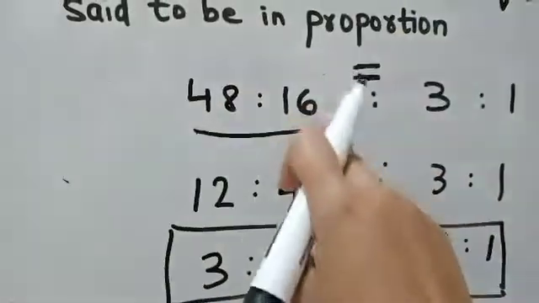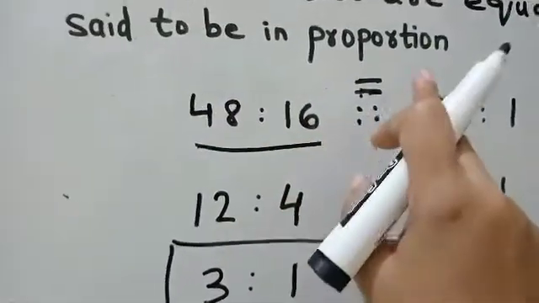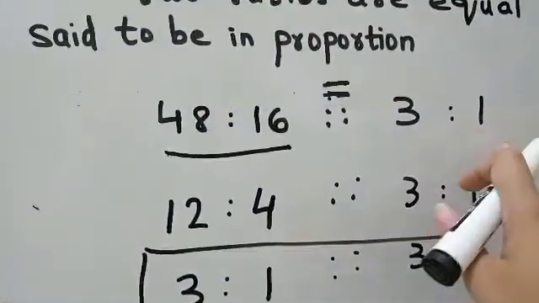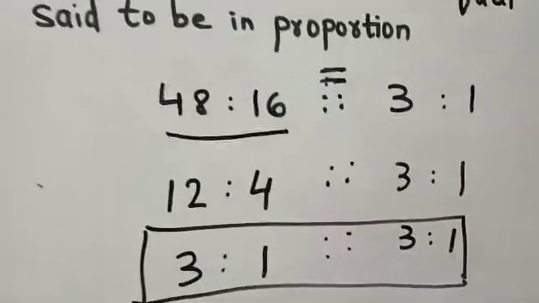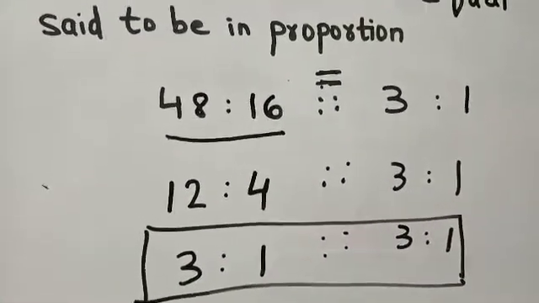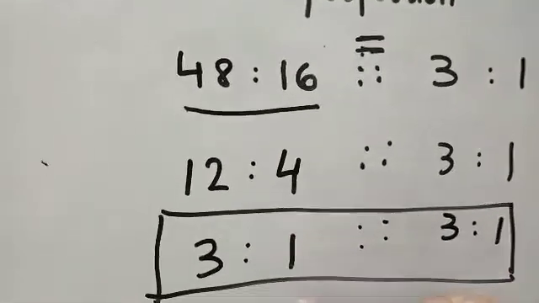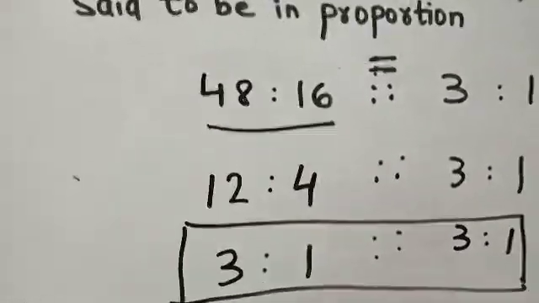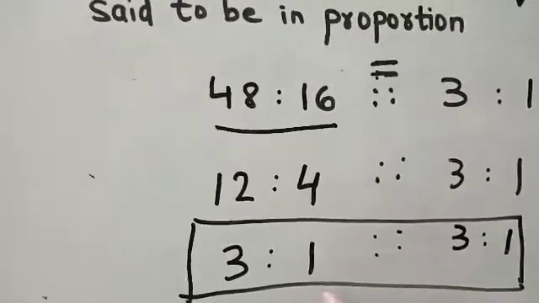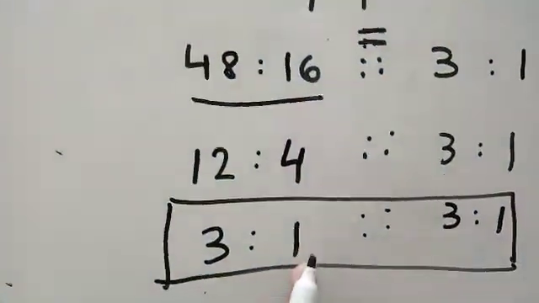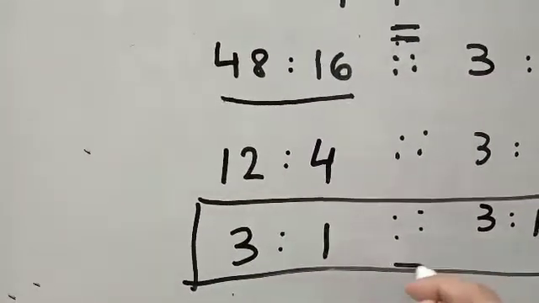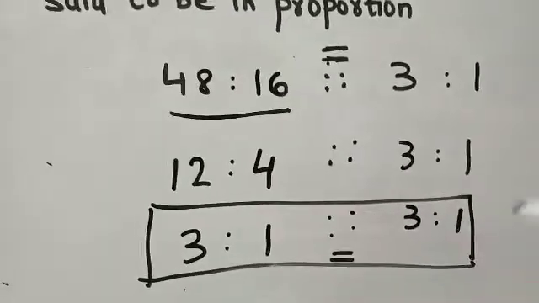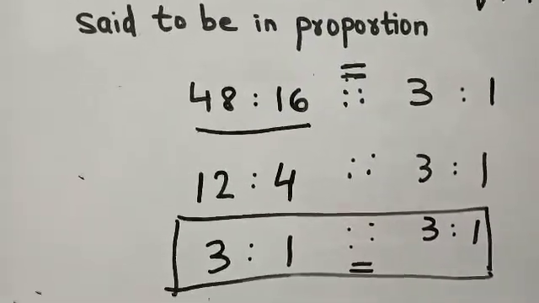It means 48:16 is equal to 3:1, and therefore they are in proportion. I have proved to you that 48:16 is also equal to 3:1 when we simplify it. So they are equal to 3:1 and they are in proportion.